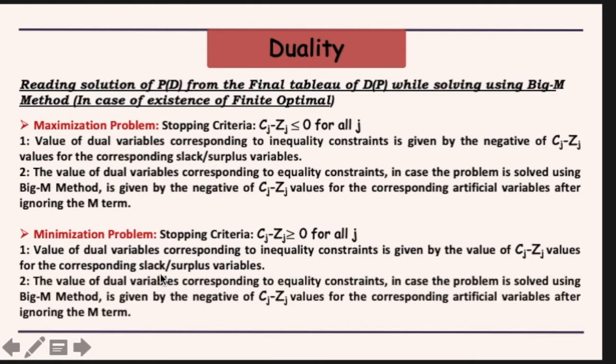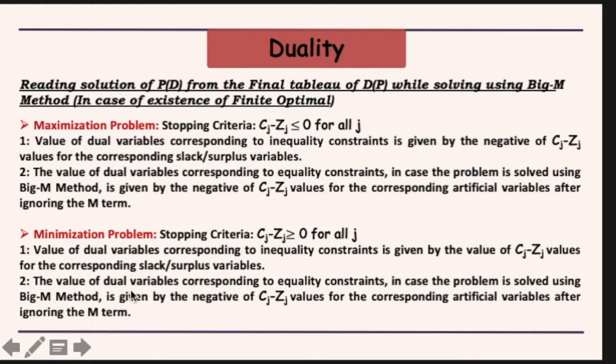In case our dual variables correspond to equality constraints, then again we take the negative of Cj minus Zj values under the artificial variables in the tableau, and we ignore the M term. So here as well we are going to take the negative of Cj minus Zj values, but we will ignore the M term.